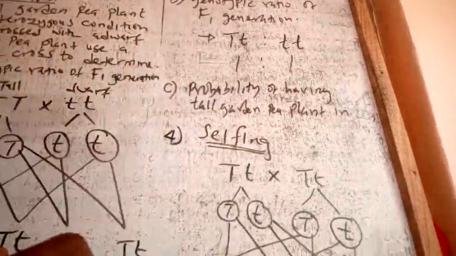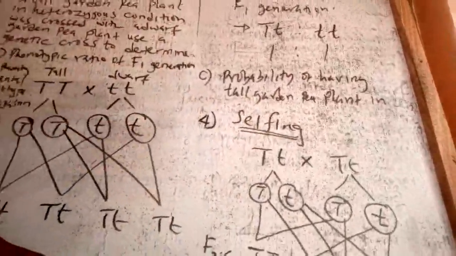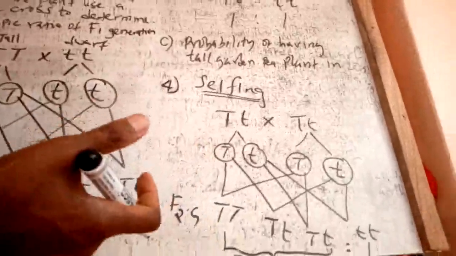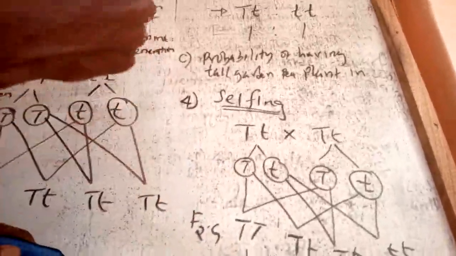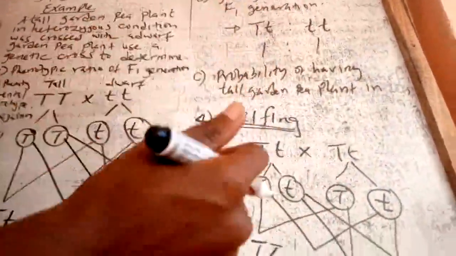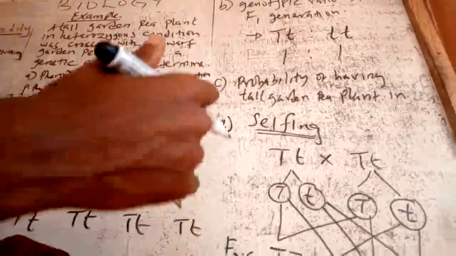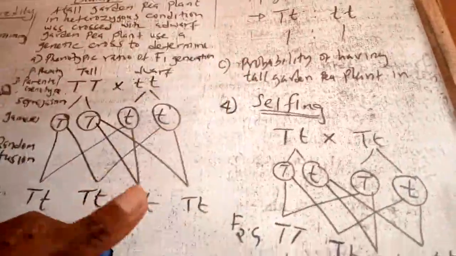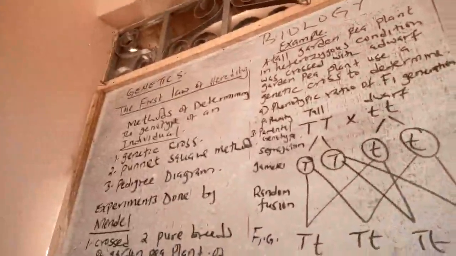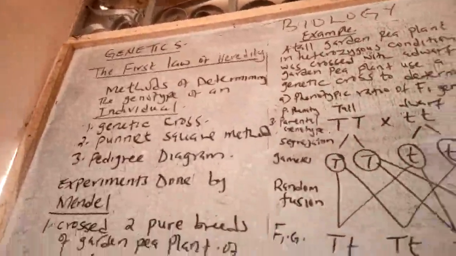Therefore 3 individuals will inherit the dominant gene characteristic, while one individual inherits the characteristic of dwarfism or shortness. And having said that, I'm going to come to the next area of study.